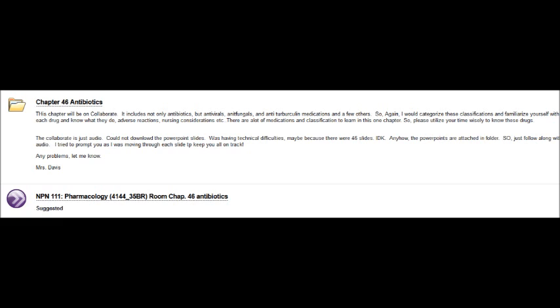The next anti-tuberculin drug is isoniazid, also known as INH, also known as Nydrazid. This is the mainstay or cornerstone treatment for the prophylaxis and treatment of TB, tuberculosis. It disrupts the cell wall synthesis and inhibits replication of the tuberculous bacteria.